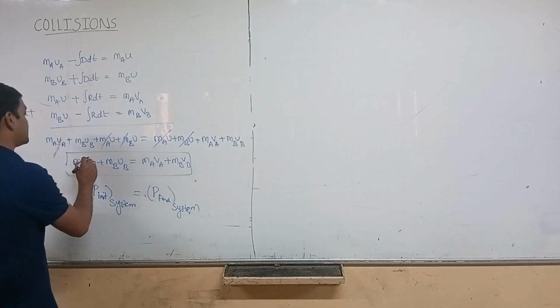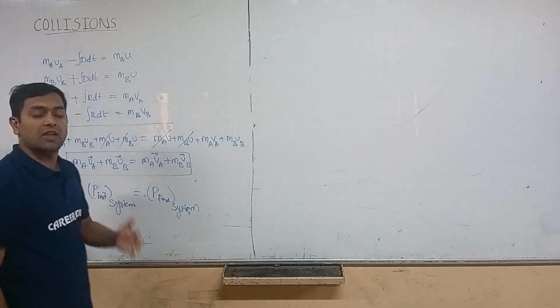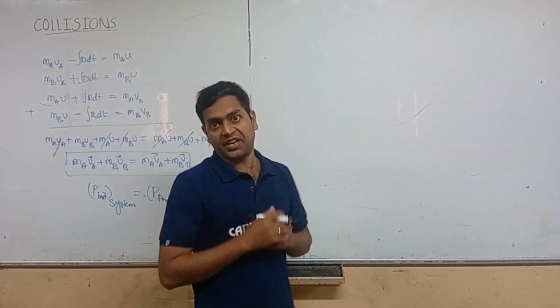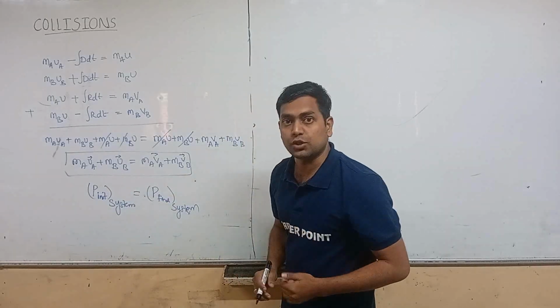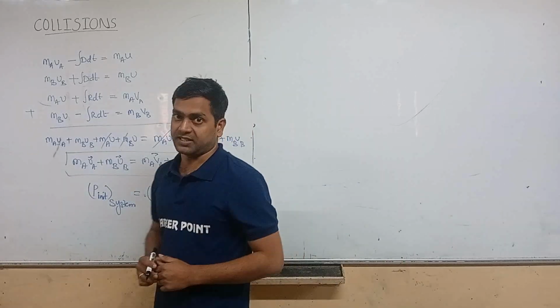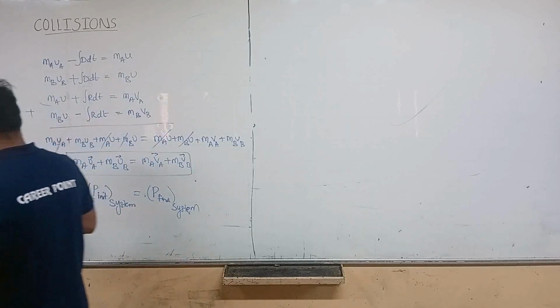These velocities are vector quantities, so the velocities have directions. So the initial momentum and the final momentum of the system are equal. By this we got all these things.